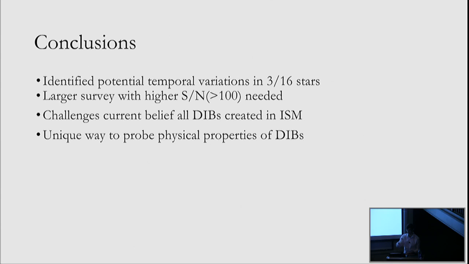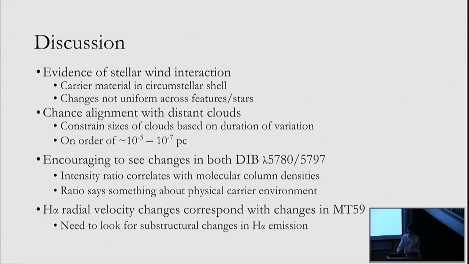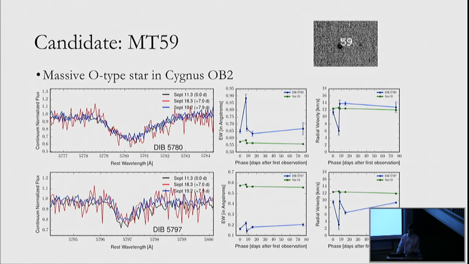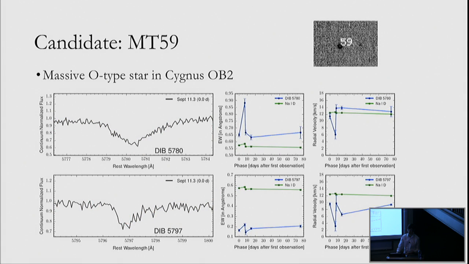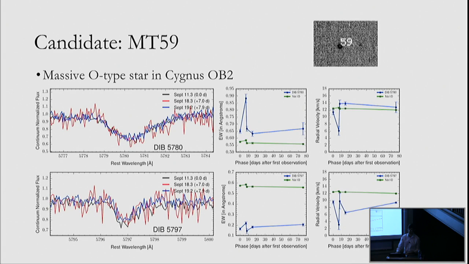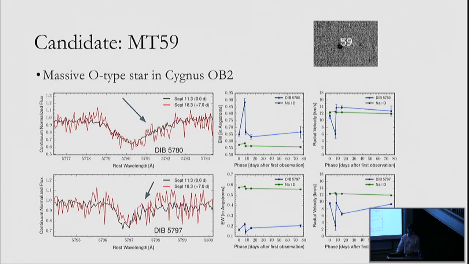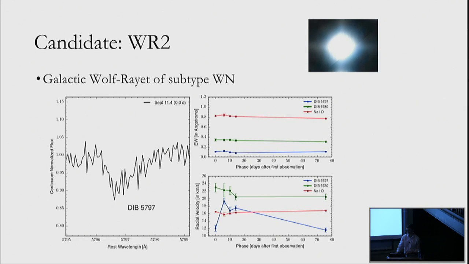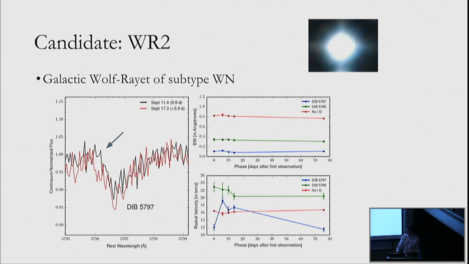So it's possible, especially since there's the concern that MT59 was pretty noisy in the data we see during this epoch. I didn't like the fact that your variable spectrum was the noisy one. Yeah, that is a concern, especially for MT59. But the other one is better, so hopefully that's something real.